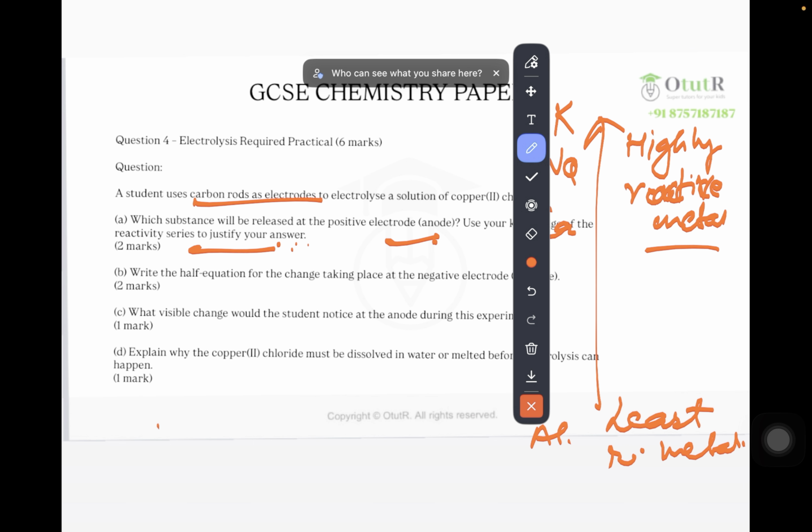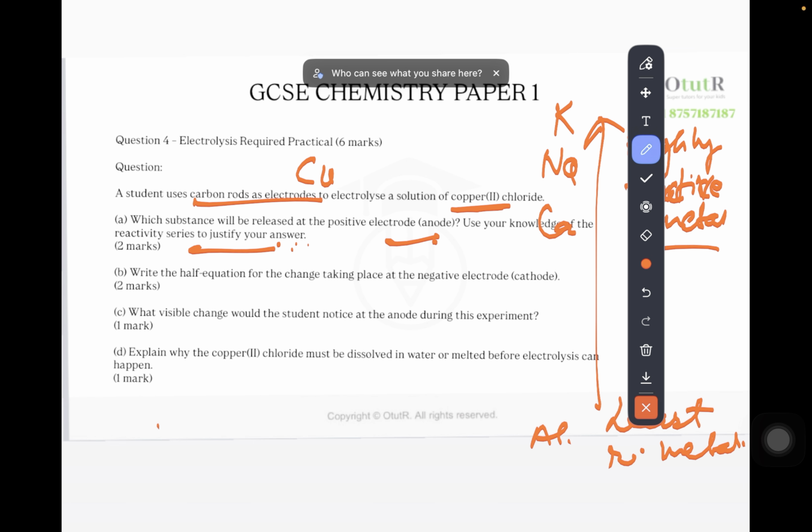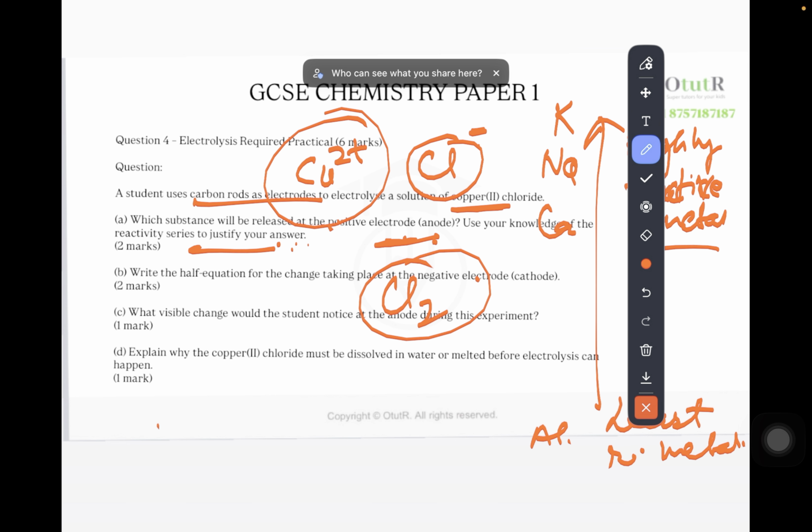So for the first part we say over here we have copper, Cu, and Cl, which is negative, Cu as positive. We are talking about the positive electrode, which is the anode. So chlorine gas Cl2 will be released at the anode.